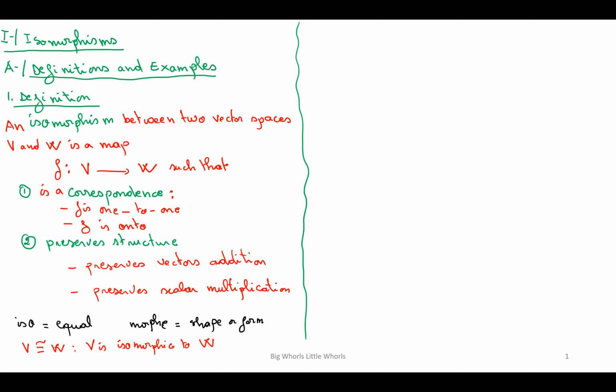Now I will go to the next page and we will see how we prove that a map is an isomorphism. I just gave you the definition, but what do we actually mean by a map being one-to-one? I will show you shortly. Let me split the screen into two.